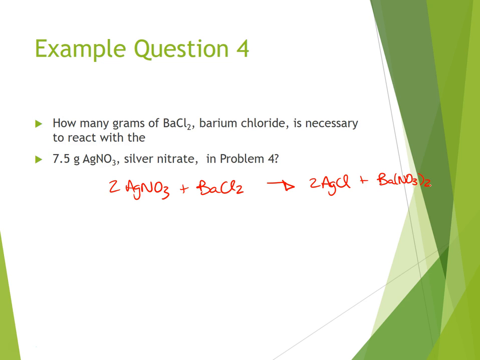So we've still got this situation. Now we've been told that we have 7.5 grams of silver nitrate, and we want to find out how much BaCl2.